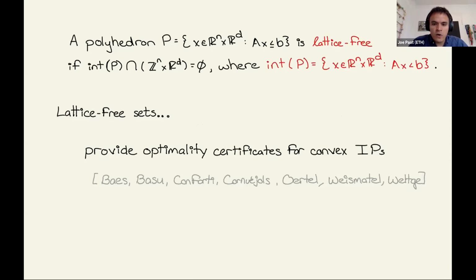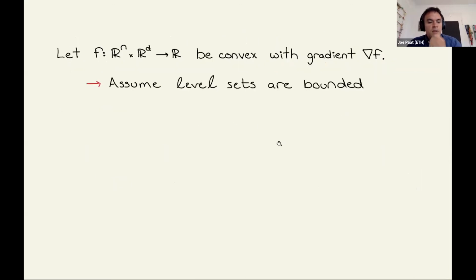And for us, how do I define a convex IP? Well, I take any convex function, and for now, I'm going to assume that it has a gradient f. I'm also going to assume that the level sets of my function are bounded. We make this assumption explicitly.